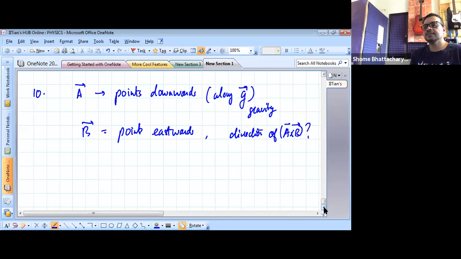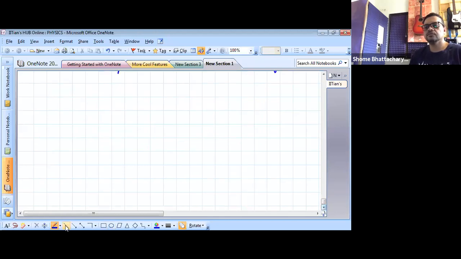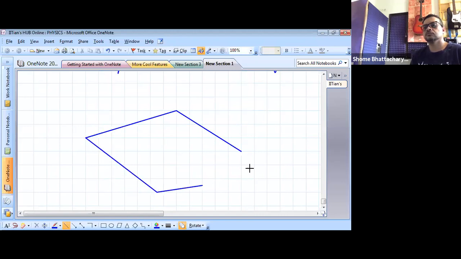Okay. So you have to imagine this in 3D. That suppose we have a horizontal plane which is looking like this. This is actually our horizontal plane.